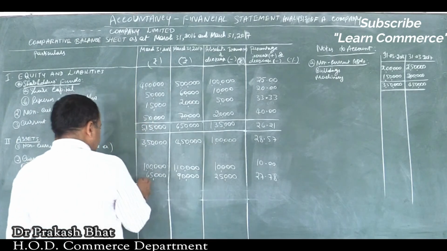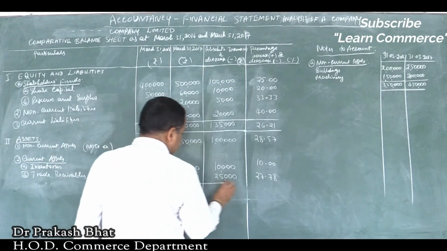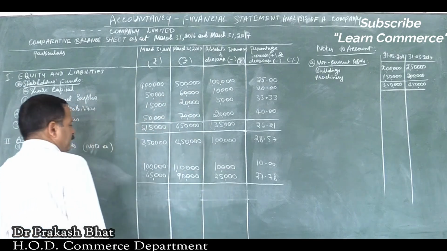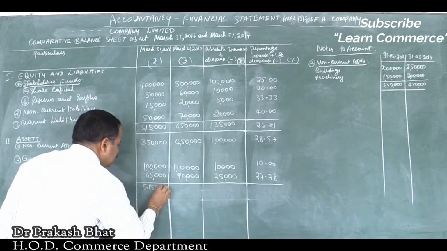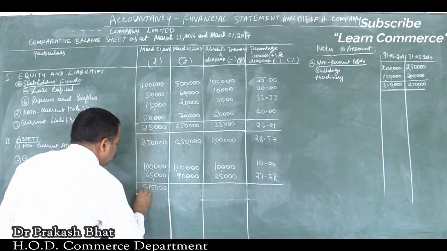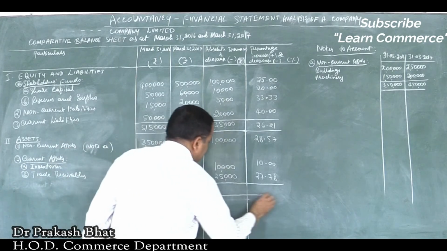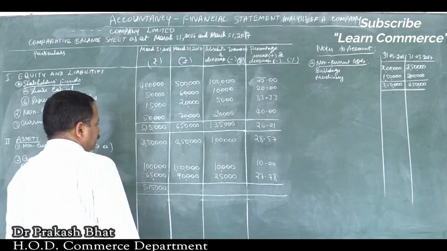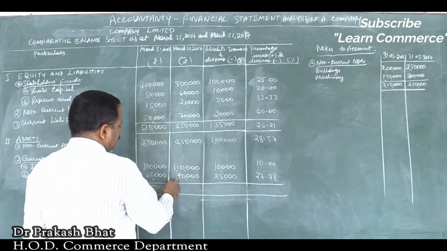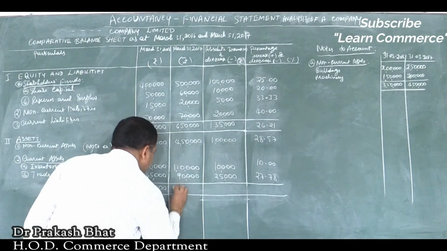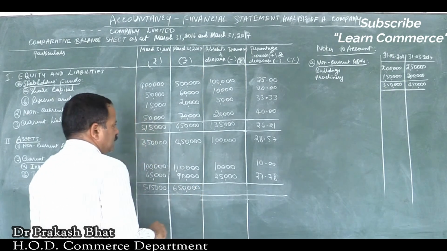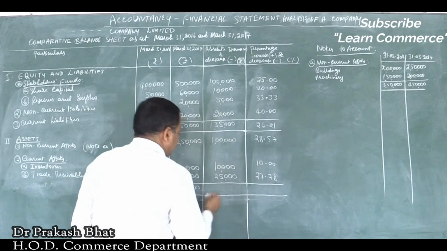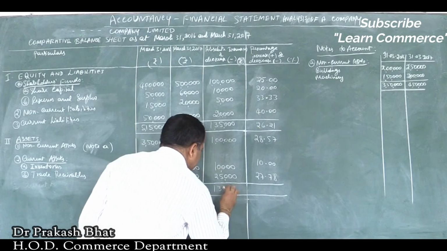Let's add the assets together and find out the total. 5,15,000. Yes, it agrees, isn't it? Then here 650. Yes, it agrees. Then 1,35,000. This also agrees.